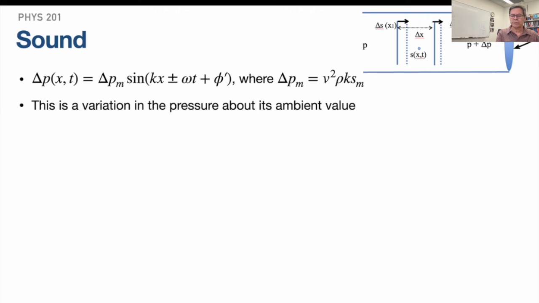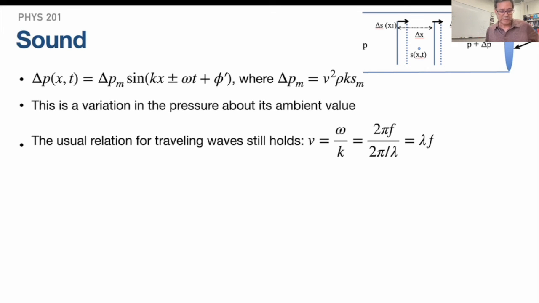If this is a tube at atmospheric pressure, delta Pm, or delta P in general, is the change about that ambient value. So it's 1 atmosphere plus or minus something. It's not going from negative pressure, which doesn't make any sense, to positive pressure. It's just going from ambient, some value like atmospheric pressure, plus or minus some small amount. So that's one thing to point out about the meaning there.